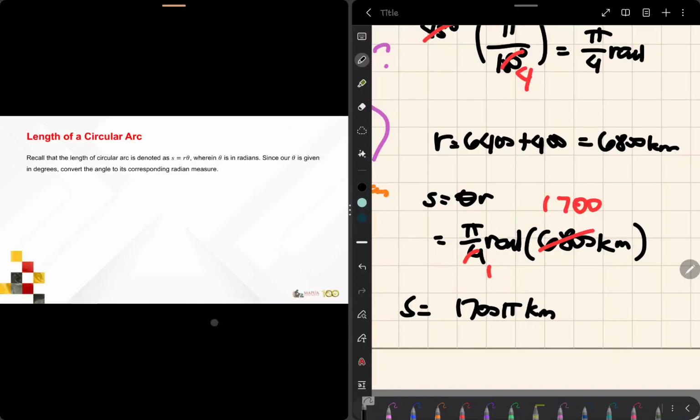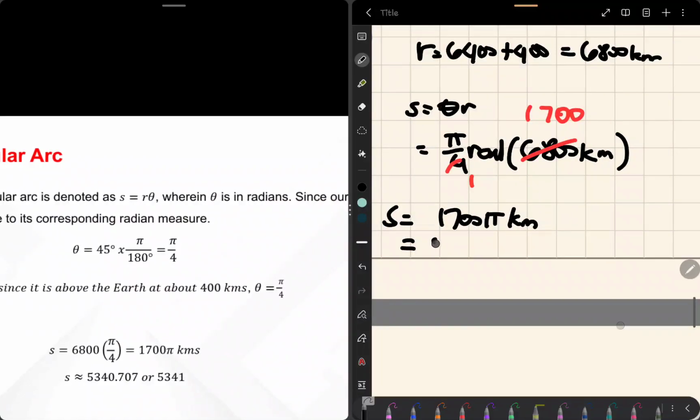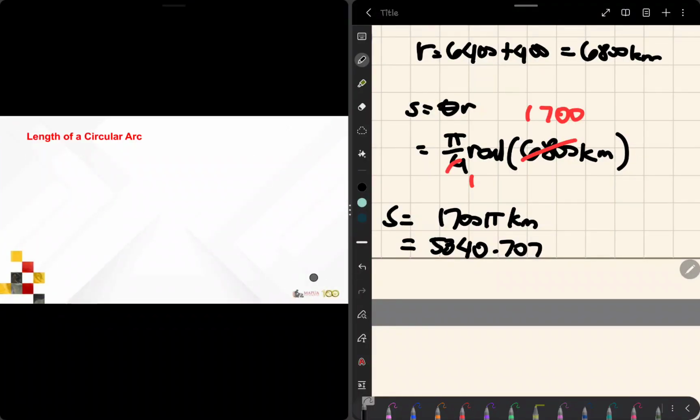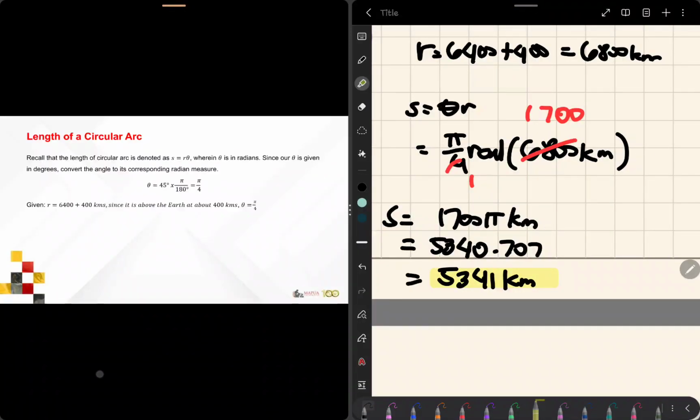If we use our calculators to get the exact answer, we will get 5,340.707, or since the problem tasked us to round to the nearest kilometer, we will get 5,341 kilometers. So this will be our final answer for this problem.